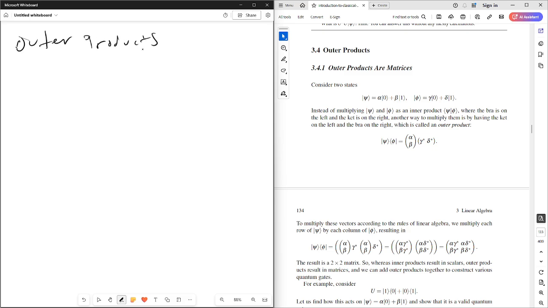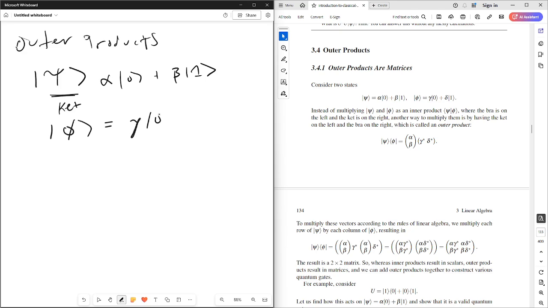As we discussed yesterday, when we have a ket representing state psi, let's say that's alpha beta, and we have another ket, we'll call this rho, it's this weird y thing, we can multiply them.